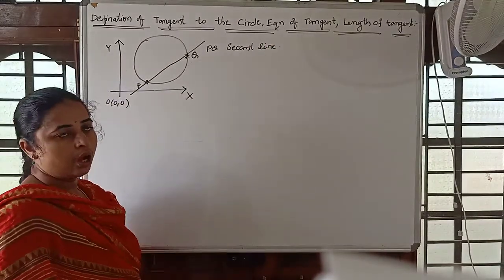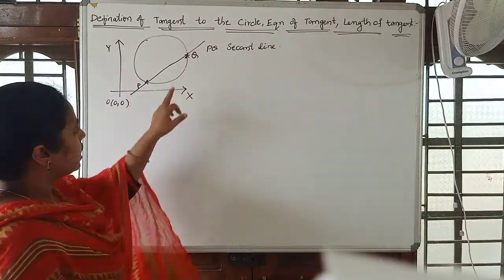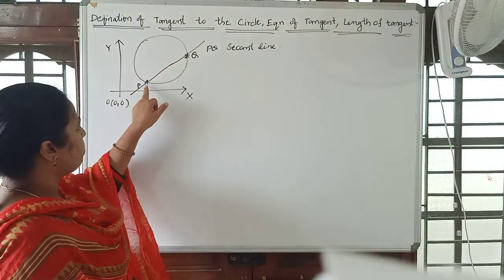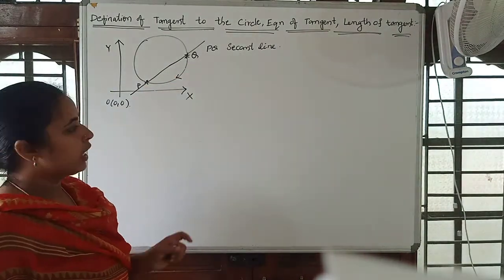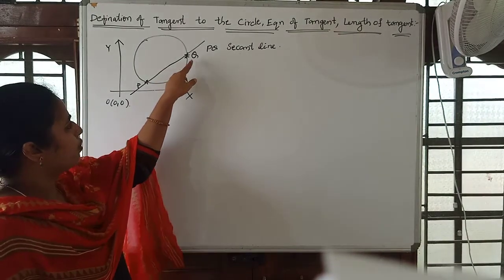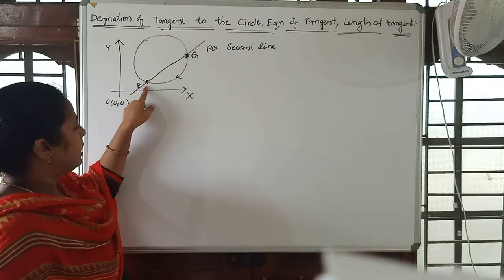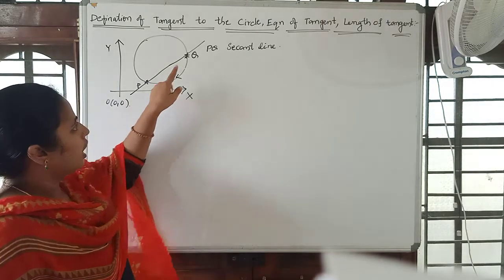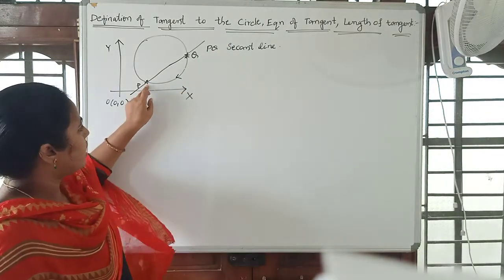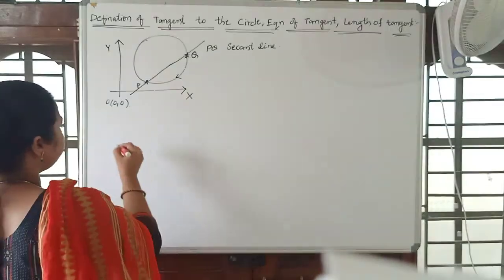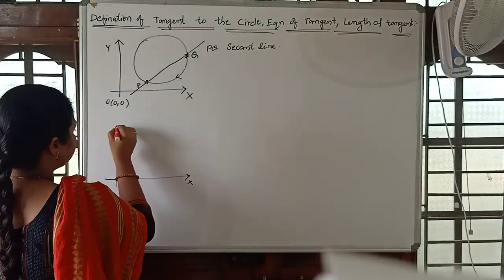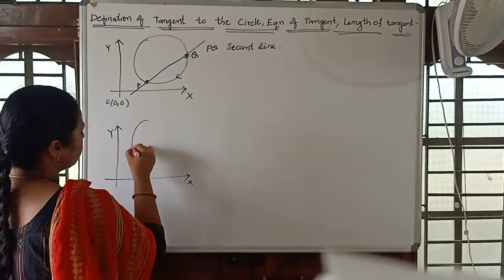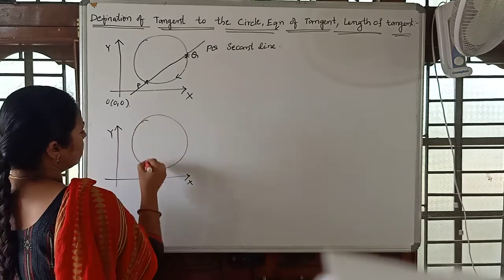Now when Q approaches P, the limiting position of Q to P will become a line that touches at this point. See in this diagram, x-axis, y-axis, circle.